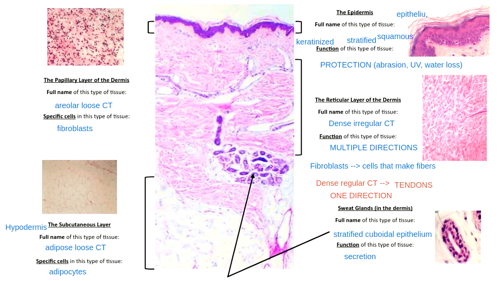They make sweat. So when you're thinking about the function of stratified cuboidal epithelium, remember that its location is in the sweat glands, and it secretes sweat. It will also secrete things like hormones if we are in a different area of the body. So stratified cuboidal epithelium in those sweat glands.